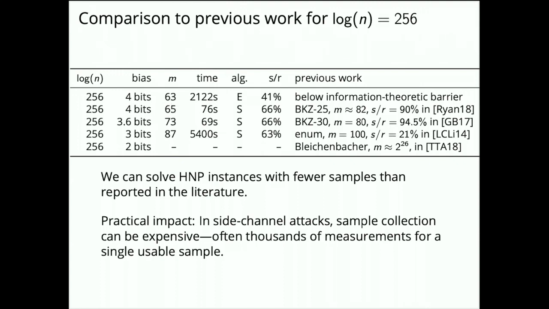You may think that 85 to 65 samples isn't that big of a deal. But in a concrete side channel attack, collecting all the samples can be quite expensive. You might need to do thousands of measurements to get one useful valid sample for the attacker to use. So this can make a big difference in how efficient the attacks are.